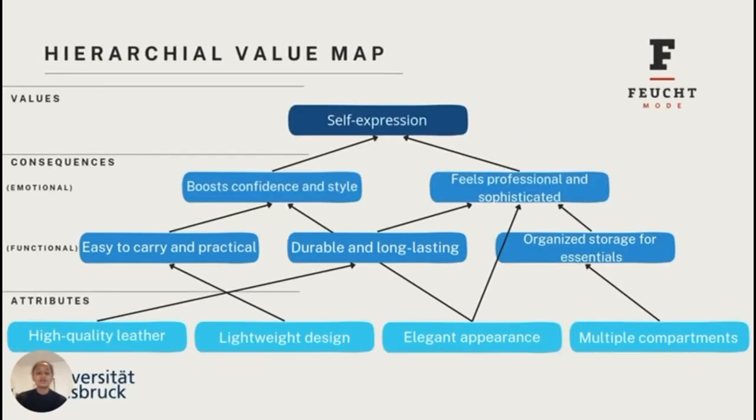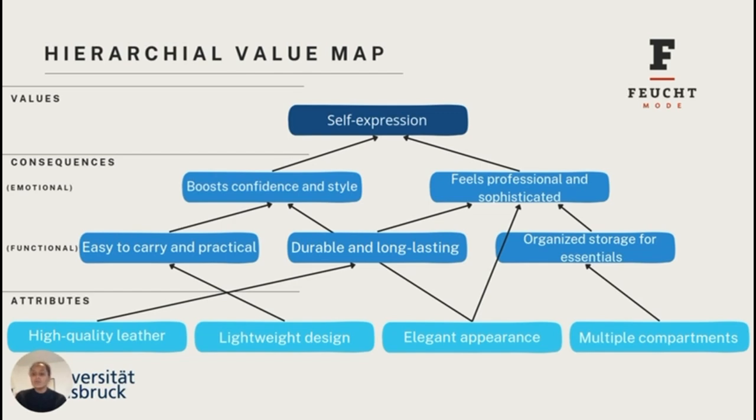And now let's look at the hierarchical value map, HVM for short. It works by applying it to the example of a handbag. It is a powerful tool that helps us understand how specific product features or attributes translate into functional and emotional benefits, and eventually connect to the core values of the customer.